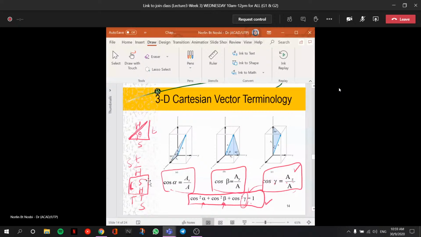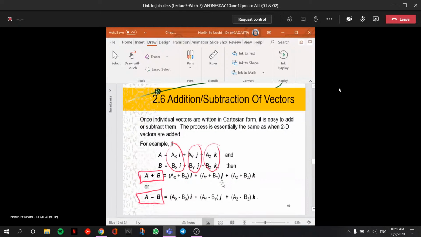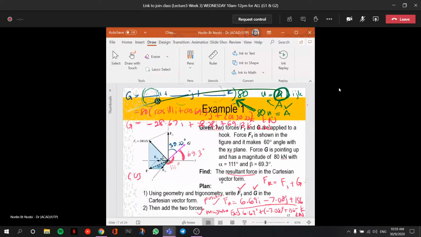You can use back cos alpha, cos beta, cos gamma. So cos alpha equals the vector component of the resultant force, 6.69, over the magnitude.